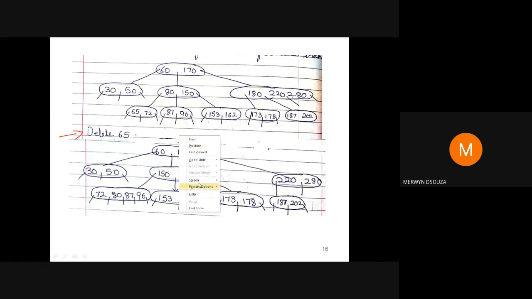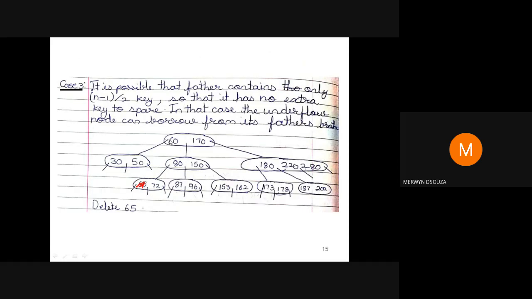Basically the third and fourth cases are combinations of the previous two cases. In the third case, when you are trying to borrow values, an underflow also occurs in the father node, the parent node. In that case, you borrow from the father's siblings if they have extra keys.